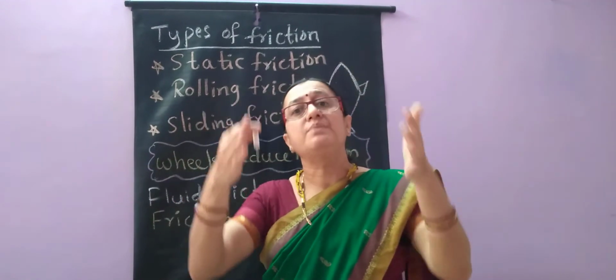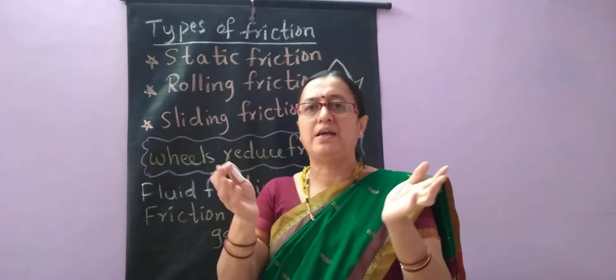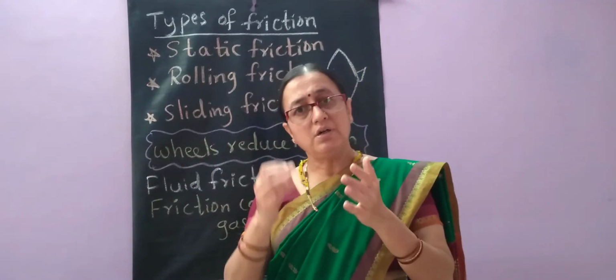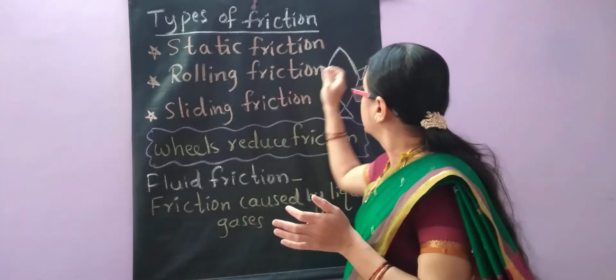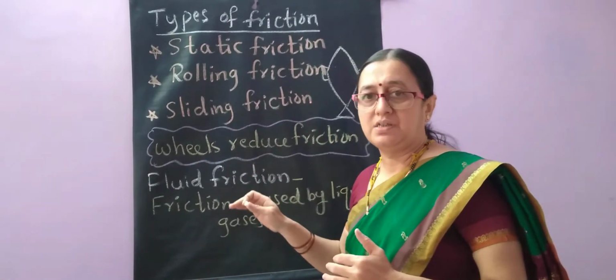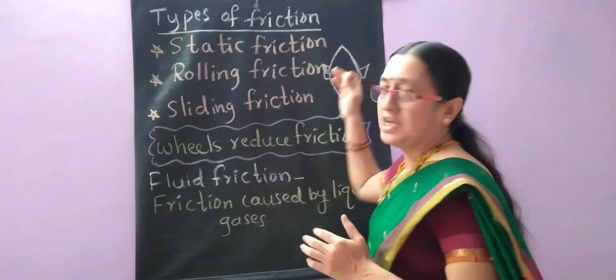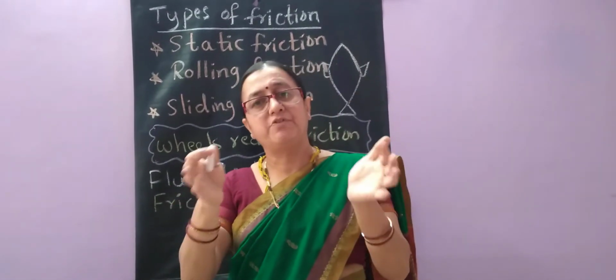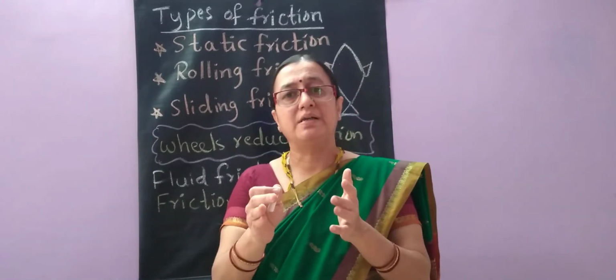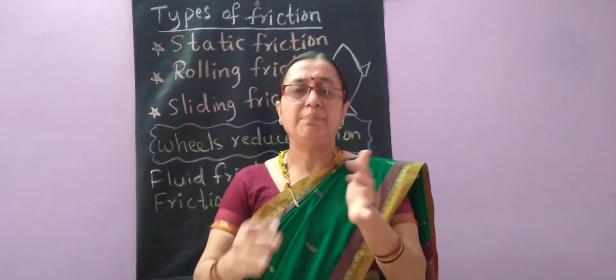And many other factors are there. The weight is less because of the feathery body. So these are all the ways in which fluid friction can be reduced. Mainly the body shape of the boat, the ship, and the rockets are responsible for reducing fluid friction.